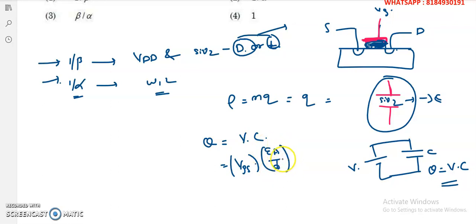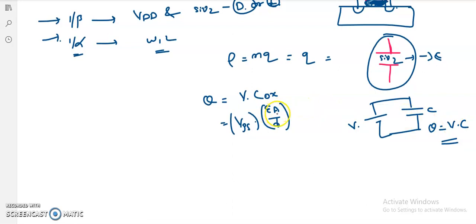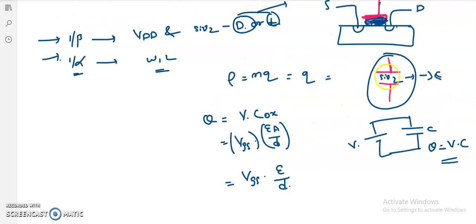Here we are going to take COX, that is the capacitance per unit area. That means the capacitance of the unit cross-sectional area, so A becomes equal to 1, giving epsilon divided by D. Here D is nothing but the distance between both these plates, which is also the thickness of the silicon dioxide.